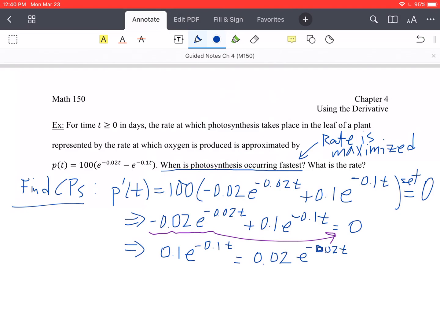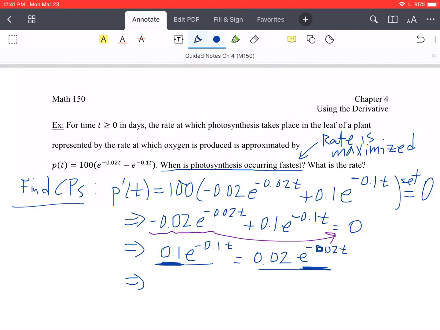And now, solving this, we have to get a little creative algebraically. I need to get the e's on one side and the constants on the other, so I'm going to divide both sides by this e term and by this constant term.